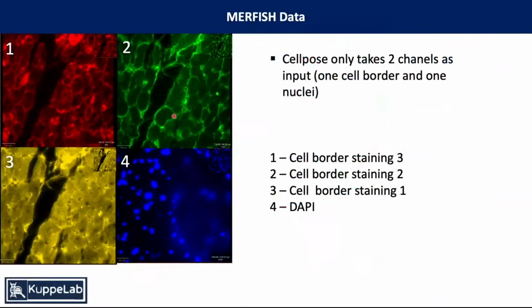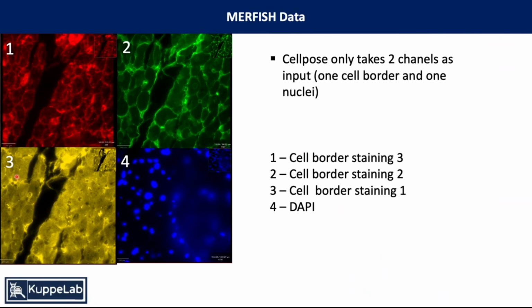So here you can see the different heart MERFISH examples of the border stainings. You can see certainly that these two stainings here give us a nice representation of the cardiomyocytes.